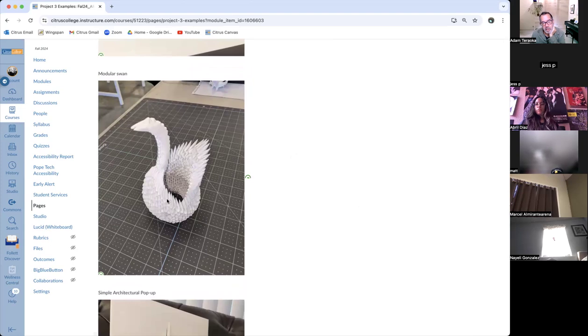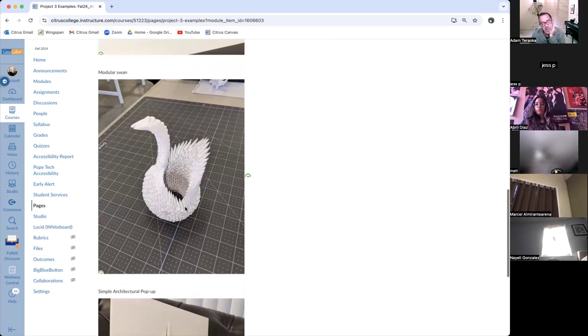Modular swan. So the modules, they're like little triangular forms that attach together. I like them a lot because it's easy to control. And if you don't mind making the same shape over and over again, then this kind of module comes up quite a bit.